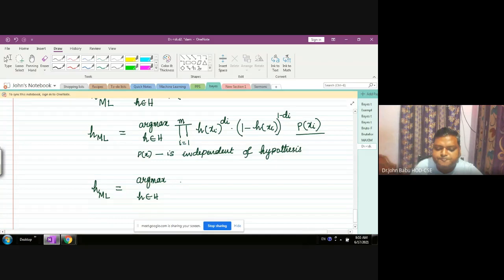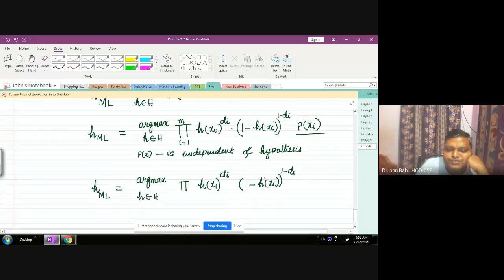the product of the probability of the hypothesis to the power of di into 1 minus probability of the hypothesis to the power of 1 minus di. Did you see this equation anywhere?